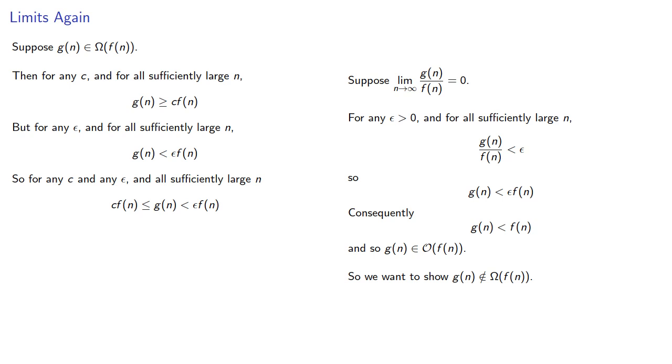And since f of n is a complexity function, it's non-negative, and so we have our quotient sandwiched between any c and a very small value of epsilon. But we can choose c and epsilon to make this false, and so g of n can't be omega of f of n.